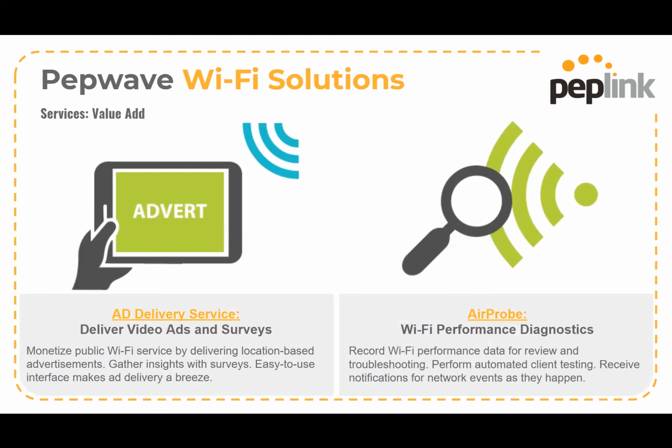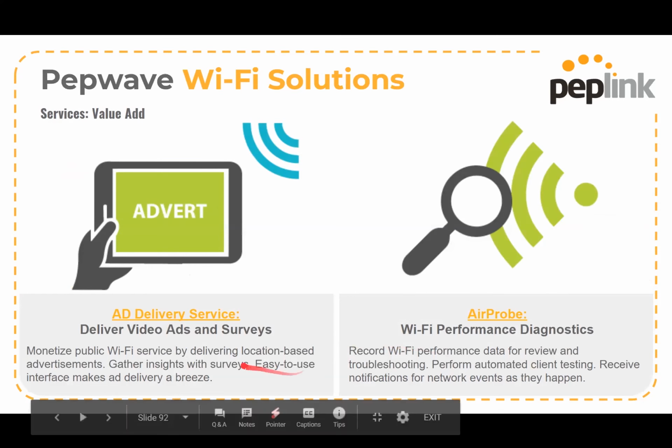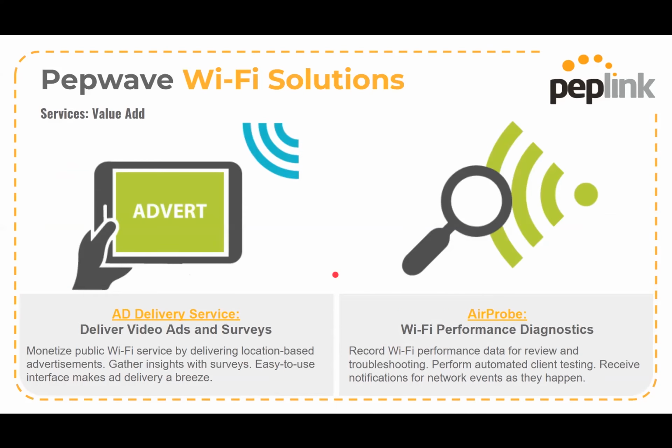We have add-on services as well. We have an ad delivery service that's cloud-based. It allows you to create different advertisements and push them to those access point portals. So you can imagine if you're talking to a mall owner, for example, and they're looking at a solution that's cost-effective, but they want to have some kind of attraction for their consumers.